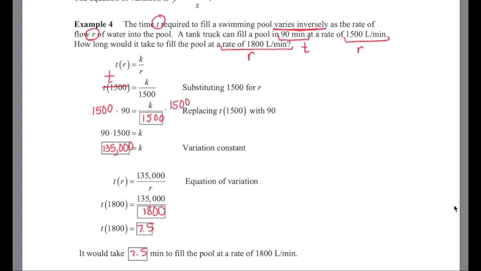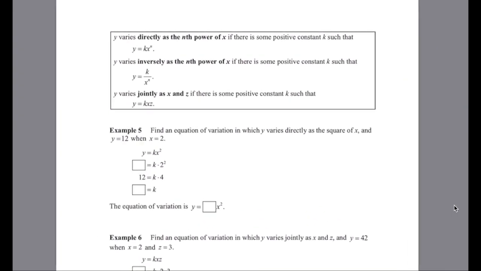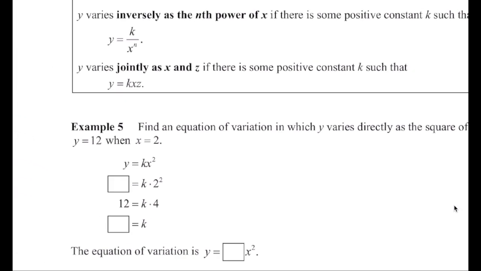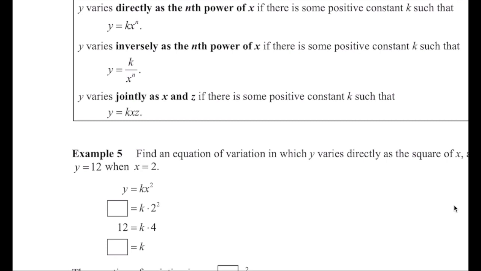The next part of our notes talks about 3 other different types of variation. Y varies directly as the nth power of x. So here it's telling us that varying directly, we know, means that we're going to vary using multiplication, except this time we're putting a power with our x value, and it will tell you what power to use.